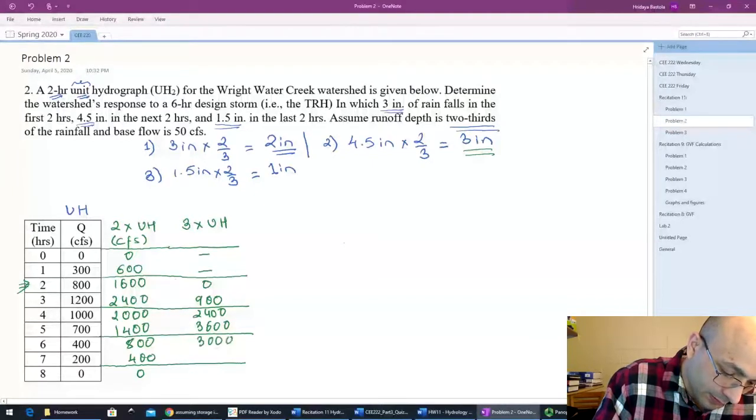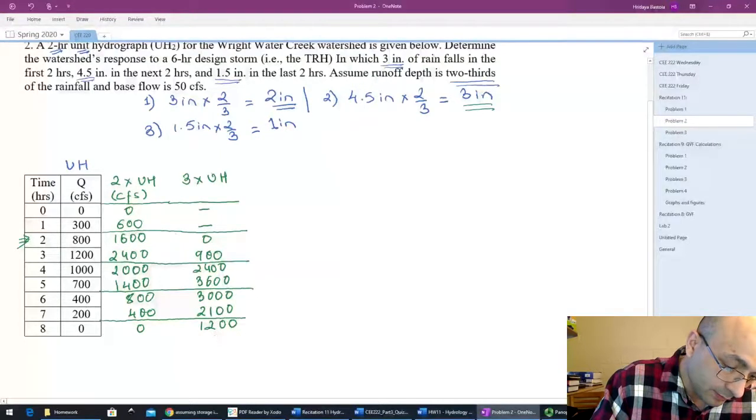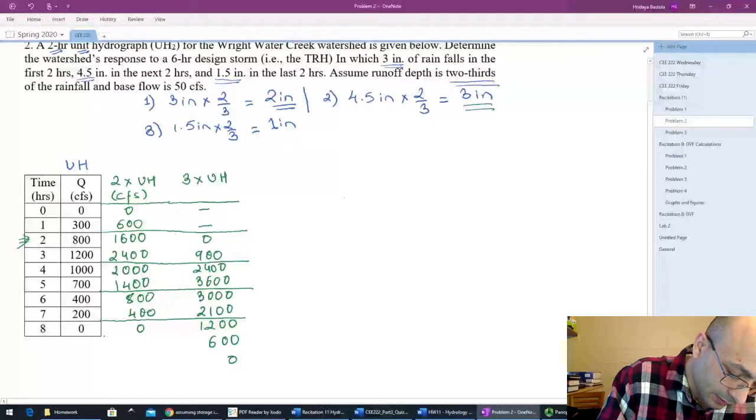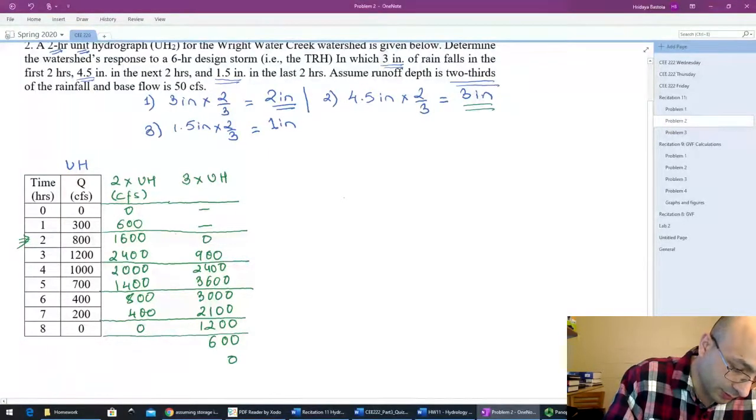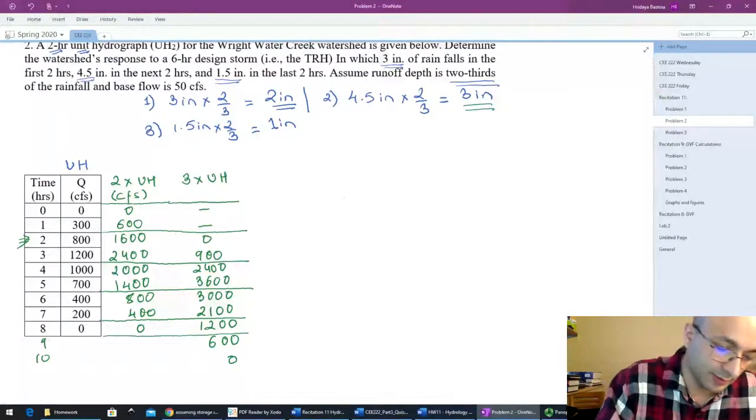So 3000, 2100, 1200, 600, and finally 0. So at this point we are pushing this 2 hours beyond our unit hydrograph. So 9, 10.